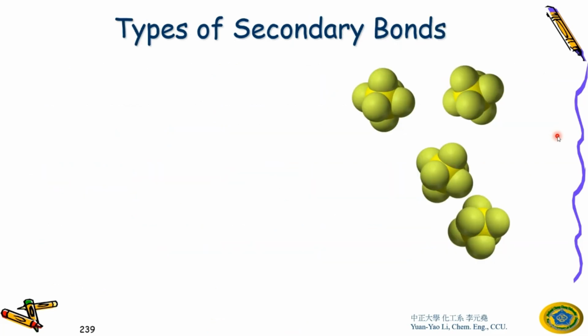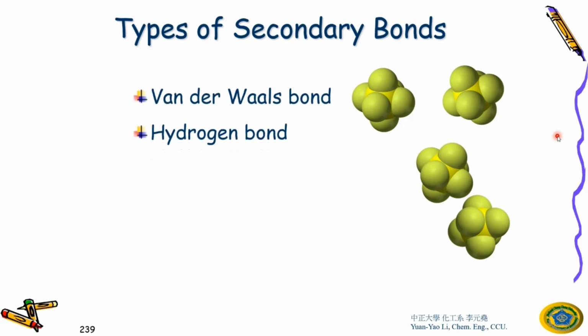Right, the types of the secondary bonds: there are two. The first one is van der Waals bonds. And inside the van der Waals bonds, there's one special bond called hydrogen bond. You need to remember this too.